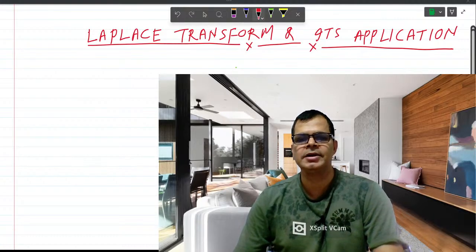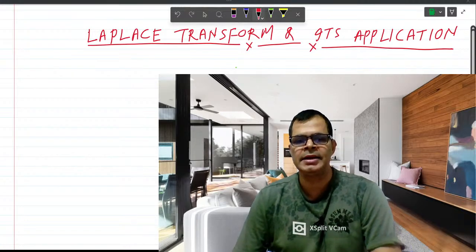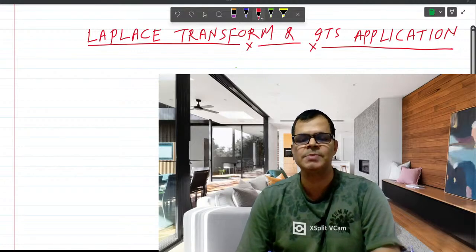Today we are going to discuss transient analysis and the application of the Laplace transform. We'll cover a little bit about the Laplace transform and its application for transient analysis. Then we'll discuss the transform of the circuit elements.